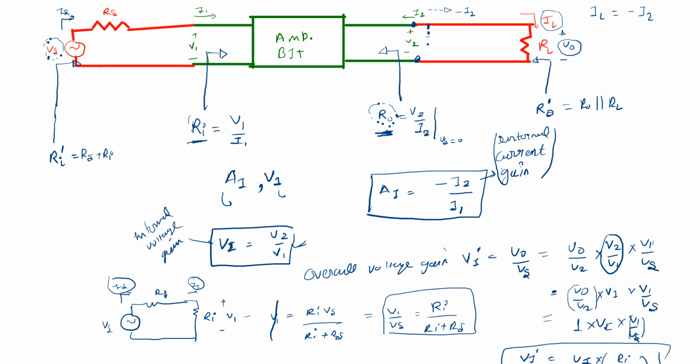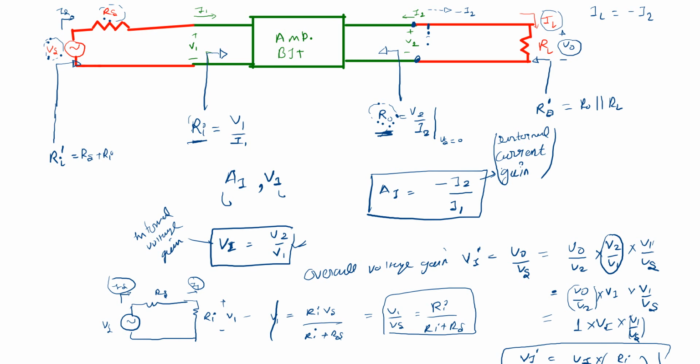If you do not have the Rs, the voltage gain is not going to change, because the voltage always divides in a series combination. But in parallel, the resistance divides the current, so only then is it possible that the current gain will change. So here the overall current gain and the internal current gain are the same thing, but the voltage gain is changed.